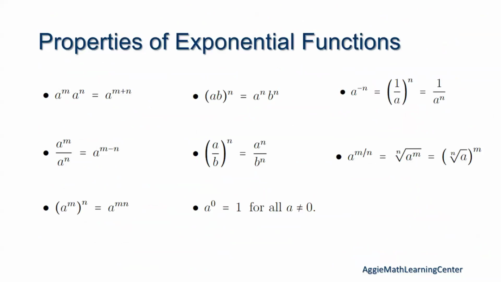So with exponential functions, these are just the basic rules. If you're multiplying two things together with the same base, then you can add the exponents together. If these two are multiplied together and they're both raised to n, you can distribute that through.